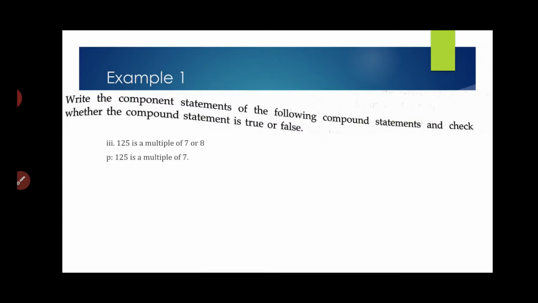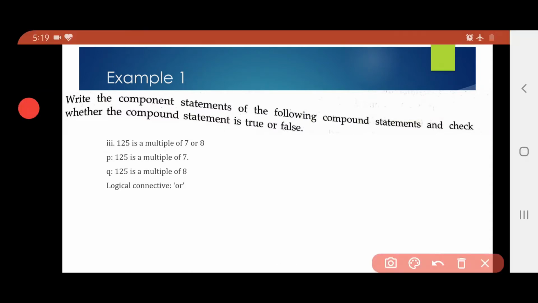The component statements are 125 is a multiple of 7 and 125 is a multiple of 8. And the connective used here is OR. Now, if you remember, if the connective is OR, then if any one of the components is true, the whole compound statement becomes true. But here in this case, we can see none of the component statements is true.